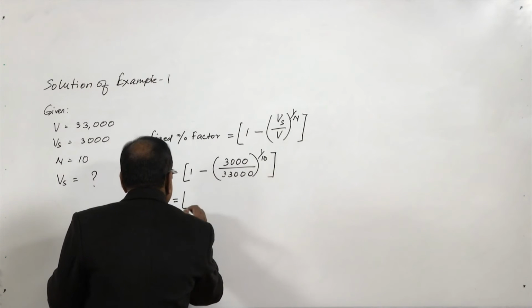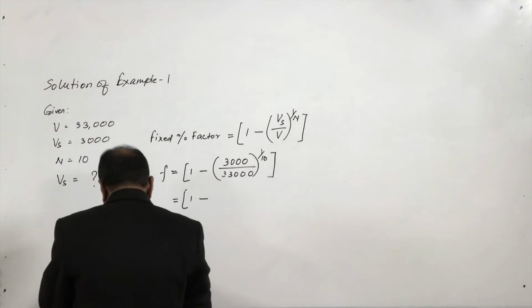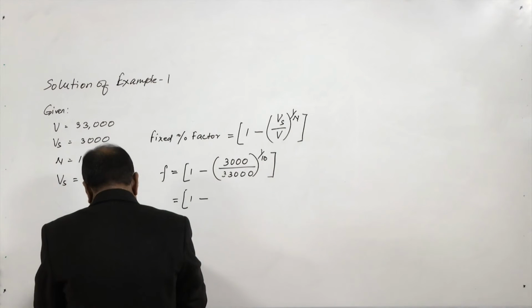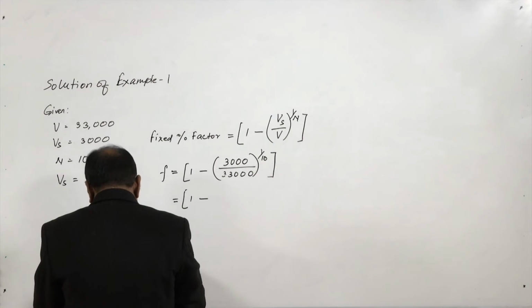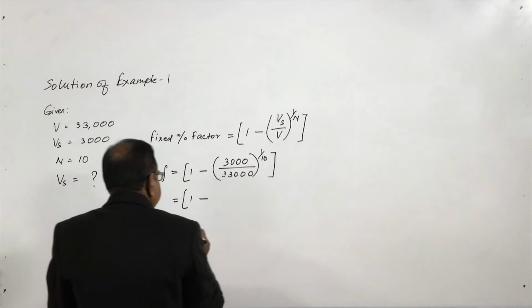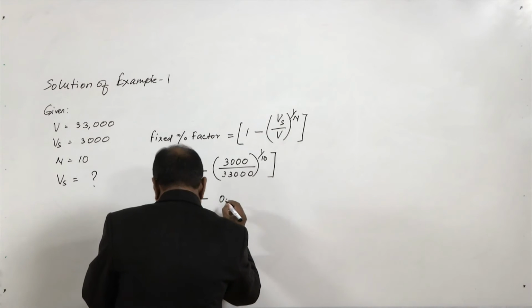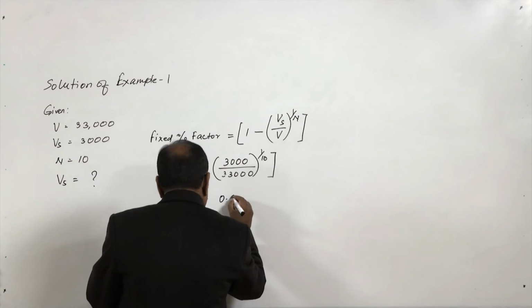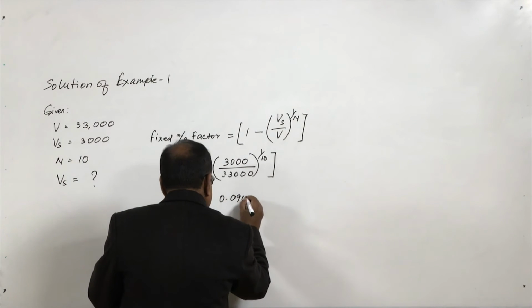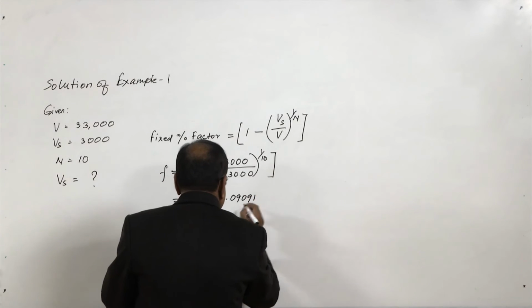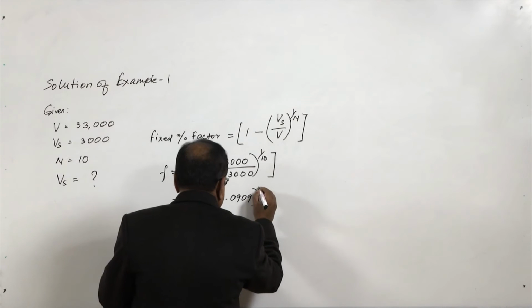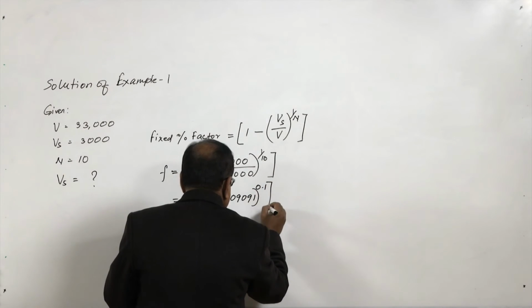This is equal to 1 minus (3000 divided by 33,000, which comes out to be 0.09091) to the power 0.1.